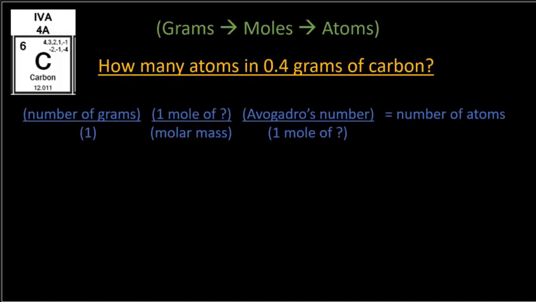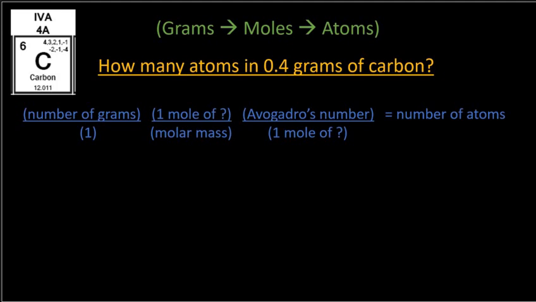Okay, this is an example of going from grams to atoms. And the question asks how many atoms in 0.4 grams of carbon. Now, before you even get started, you should realize this is going to be a big number because atoms are very small.